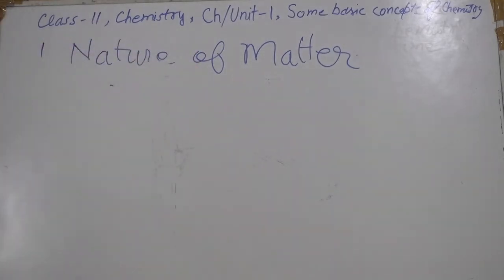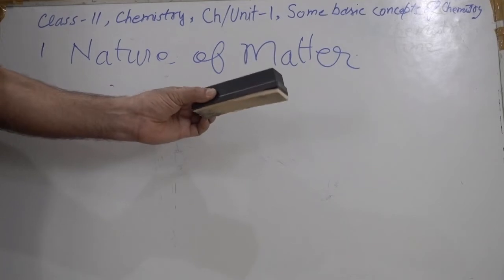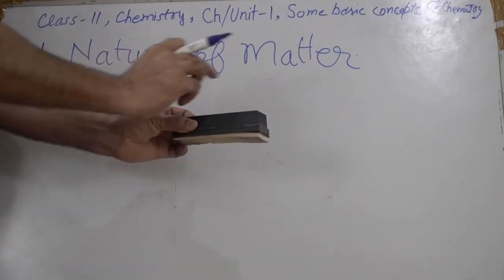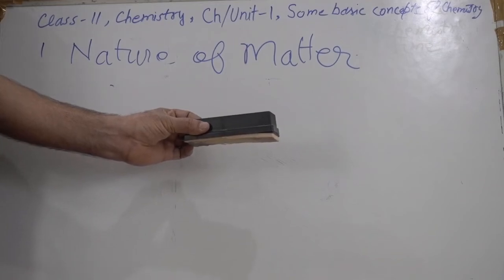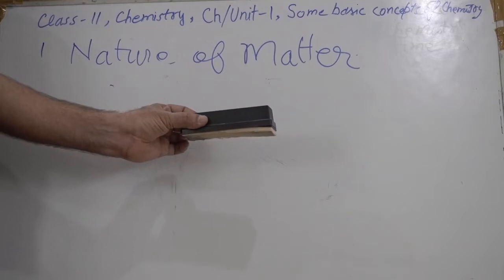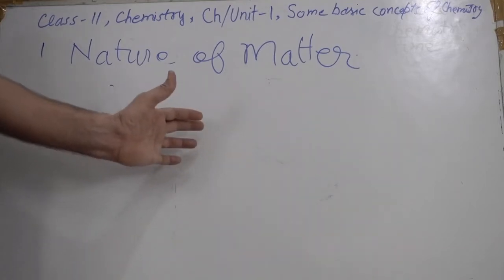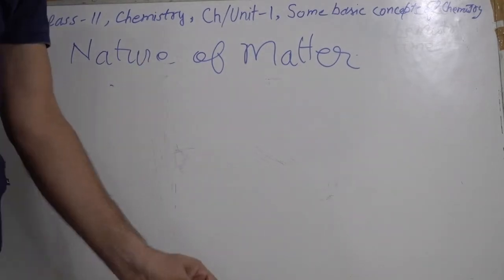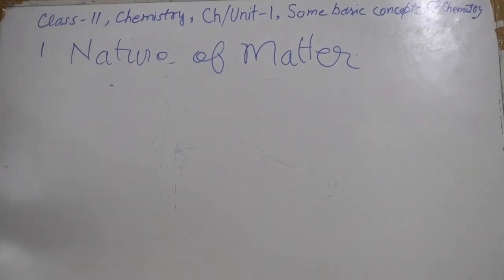Here, suppose here is the duster, right? This duster has a certain quantity of matter that we call mass. And here at this position, if I leave it, then it falls down. Why does it fall down? The reason is it is in the gravitational field of Earth.